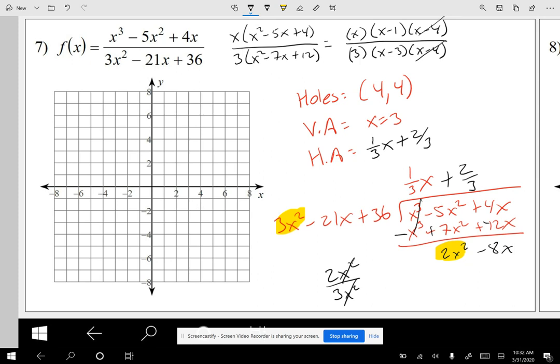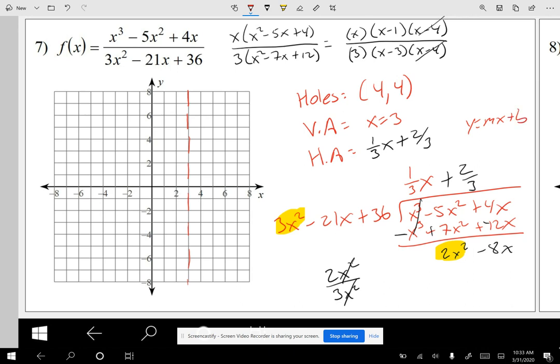All right, so let's take a look. Let's graph these. My vertical asymptote is at x equals 3. My horizontal asymptote is at the line 1/3 x plus 2/3. Remember how I used to write the line y equals mx plus b?